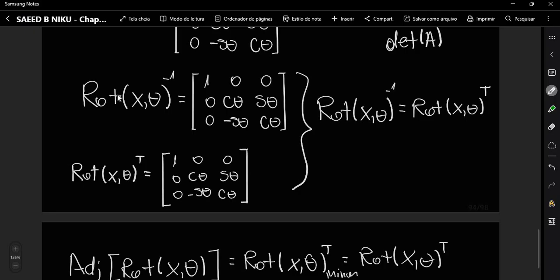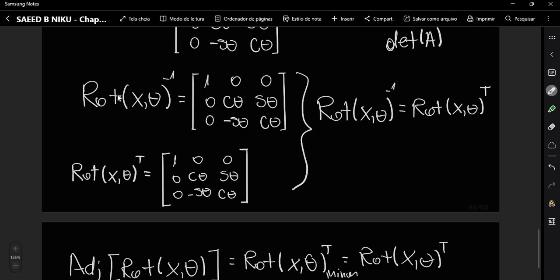We have to pay attention that only the simple rotation matrices are unitary. For a translation matrix, this is not valid. It's not a unitary matrix.